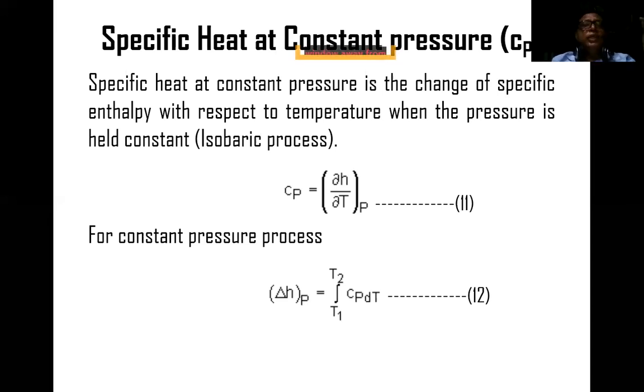When the pressure is held constant, then this is the isobaric process. And Cp is equal to (delta H upon delta T) at constant P, equation 11. For a constant pressure process, delta H at P is equal to the integration of T1 to T2 of Cp dT. This is equation number 12.